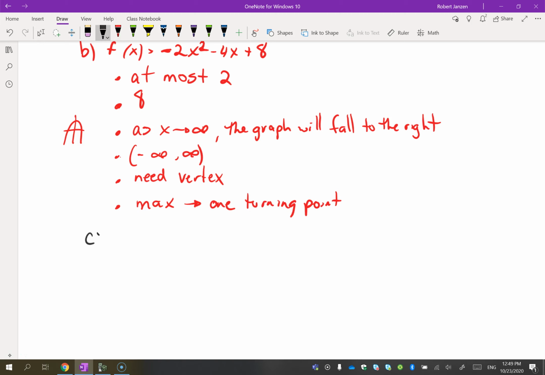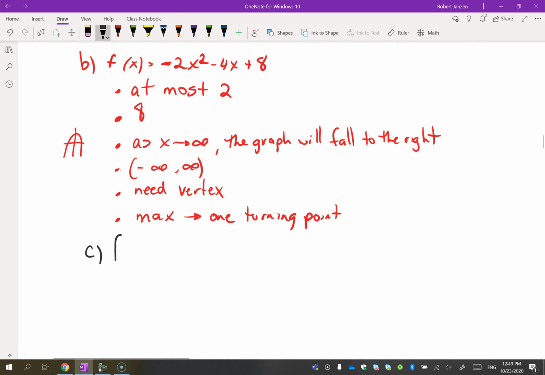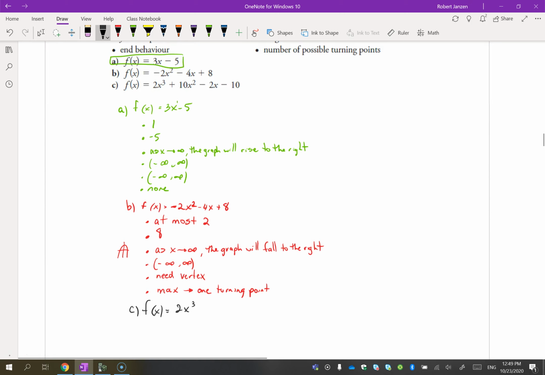All right, and then let's do C. So f of x equals 2x cubed plus 10x squared minus 2x minus 10.